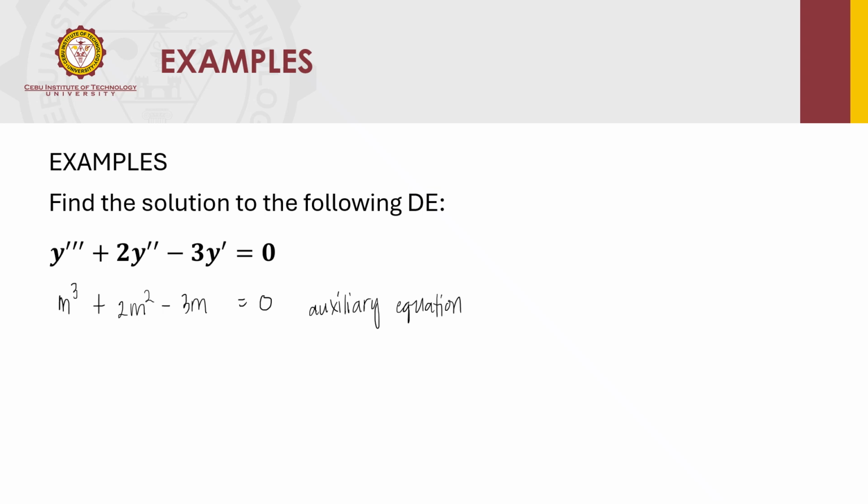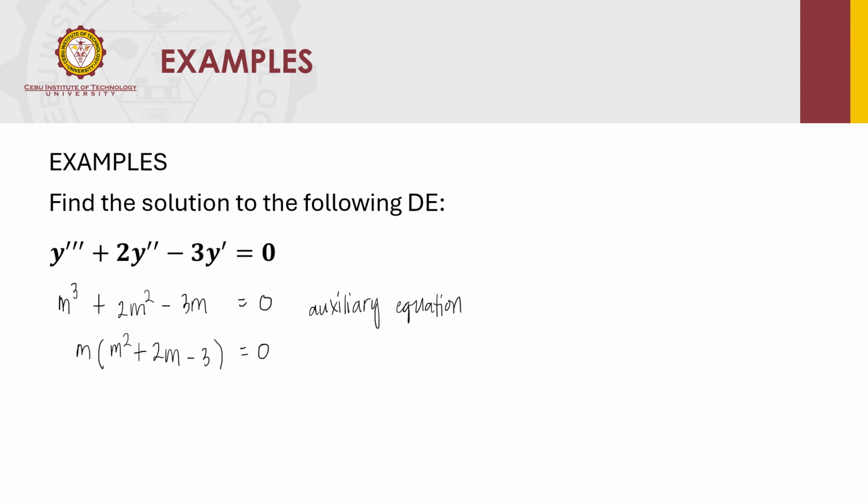The roots of this equation would be our basis for the number multiplied to the independent variable in the exponential function part of the solution. By factoring, m is a common factor, so we have m times m squared plus 2m minus 3 equals 0. This is a cubic equation, so we are going to have three values of m, three roots of the equation.